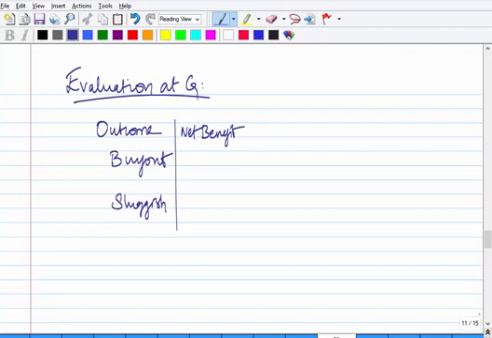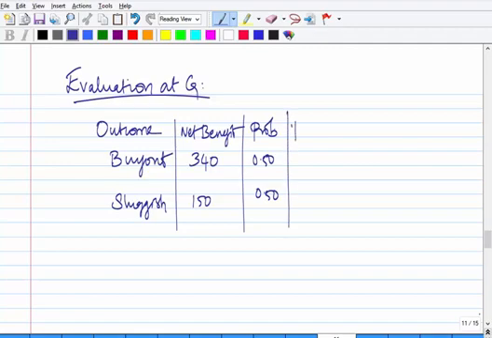We have already calculated it was 340, and when it is sluggish it is 150, but we know there is a probability. The probability for buoyant is 0.5 and for sluggish also it is 0.5. So let's see what is the probable net benefit, which is 340 into 0.5, you get 170. 150 into 0.5, you get 75.